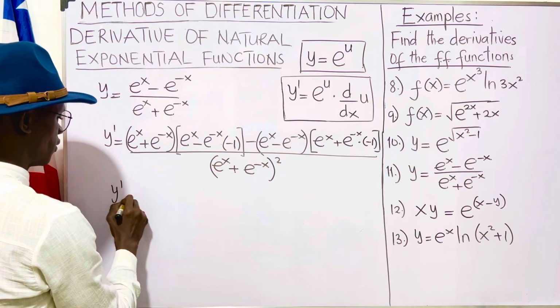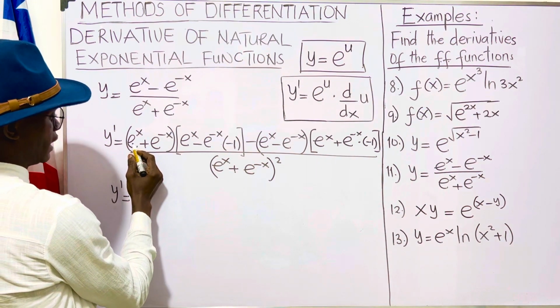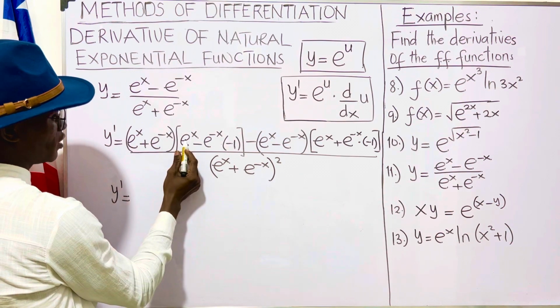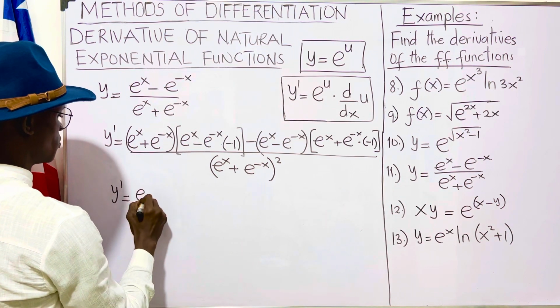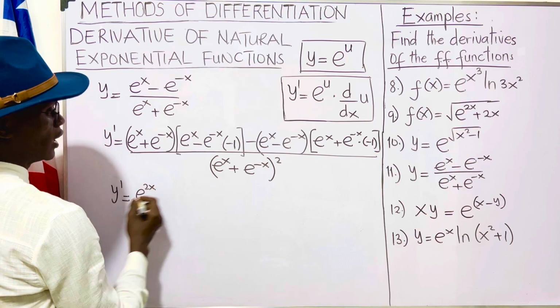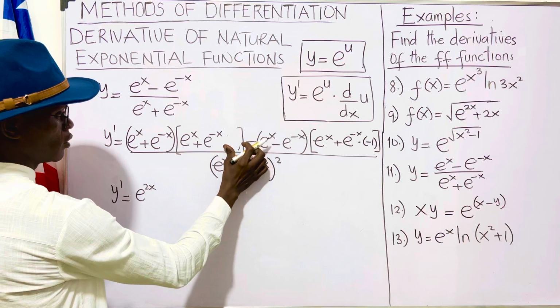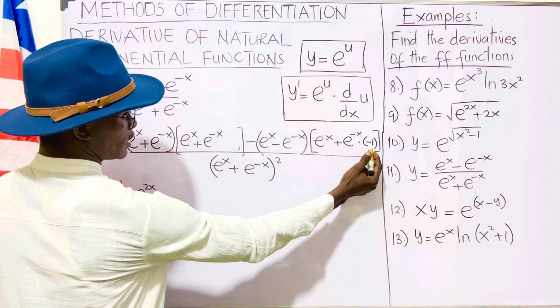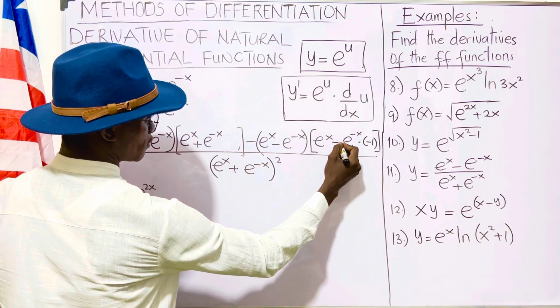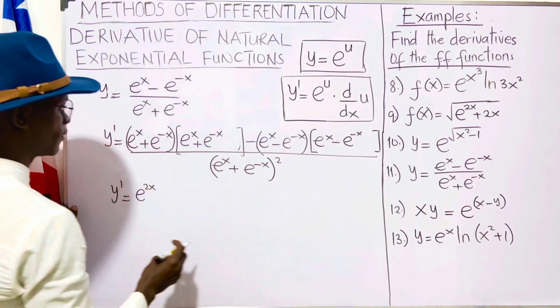So now we can simplify it. So y prime: let's multiply e raised to the power x times e raised to the power x. It's just e raised to the power 2x. Now remember, negative times negative is positive, so this is positive. And then negative times positive is negative, so this is not there again.